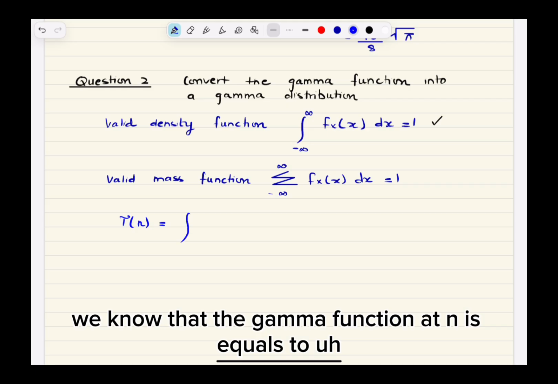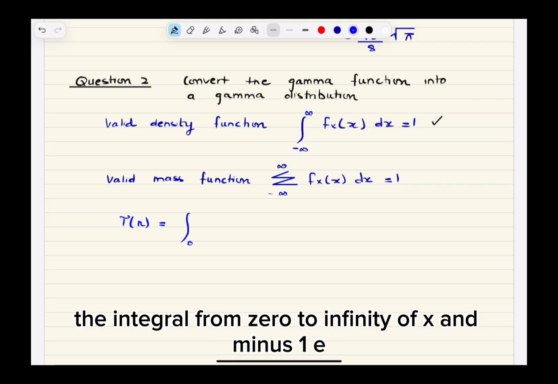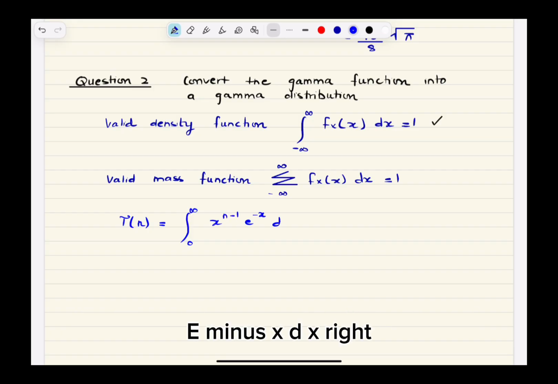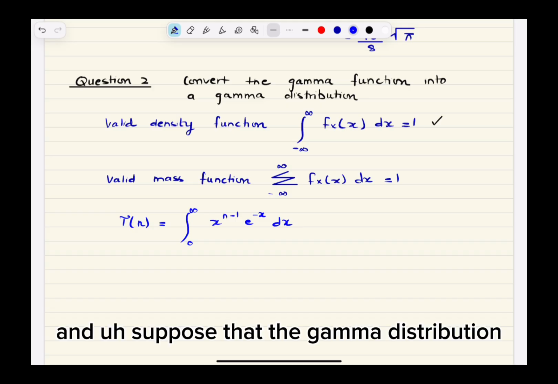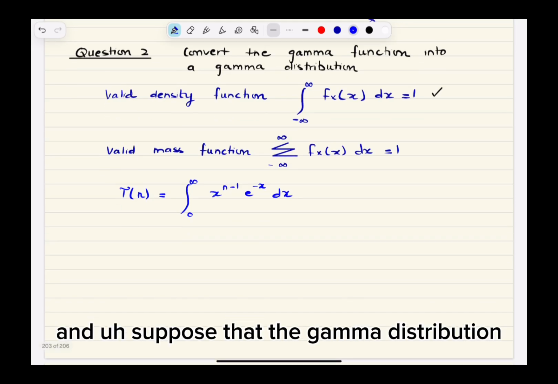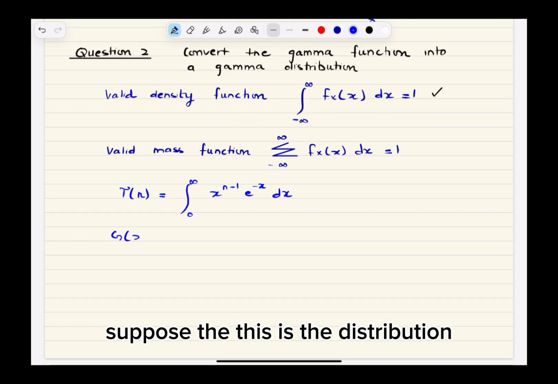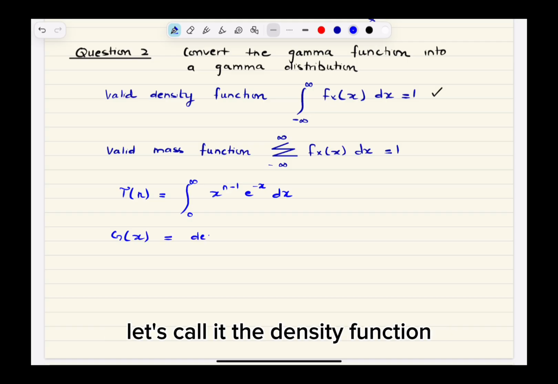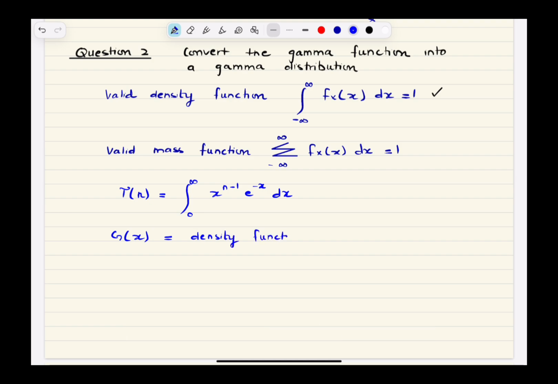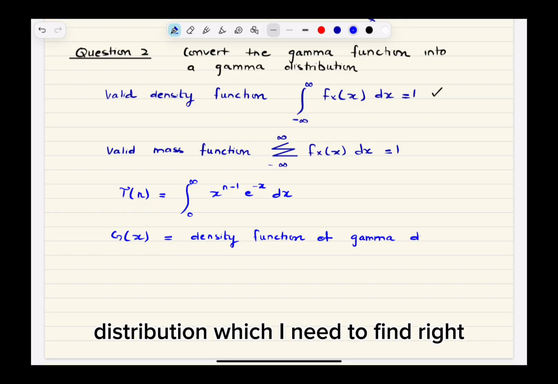Okay, so moving on with our solution, we know that the gamma function at n is equal to the integral from 0 to infinity of x^(n-1) e^(-x) dx. Suppose the gamma distribution, let's call it the density function of the gamma distribution, is what I need to find.